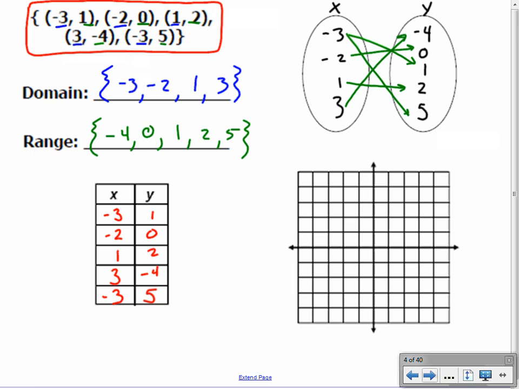The last way is to plot them on a coordinate plane. So remember, this is our x-axis, our y-axis, and we're going to plot the points. So we have the point negative 3, 1, negative 2, 0, 1, 2, 3, negative 4, and negative 3, 5.